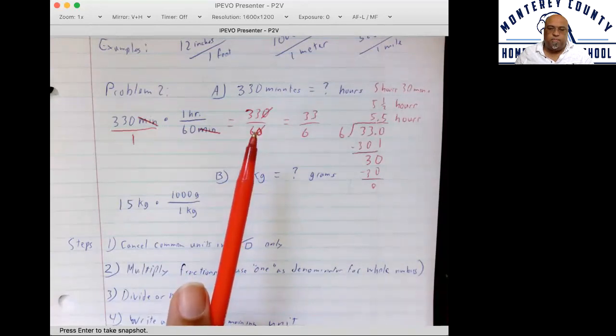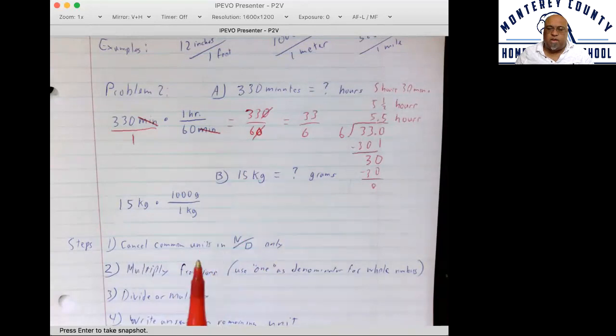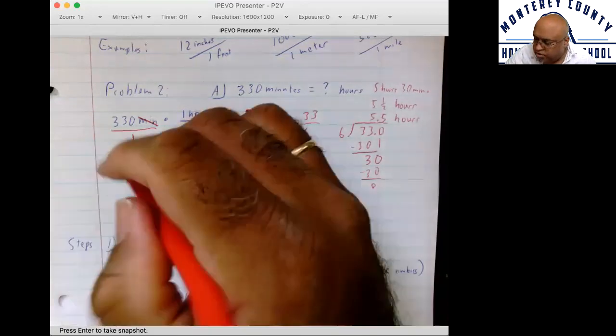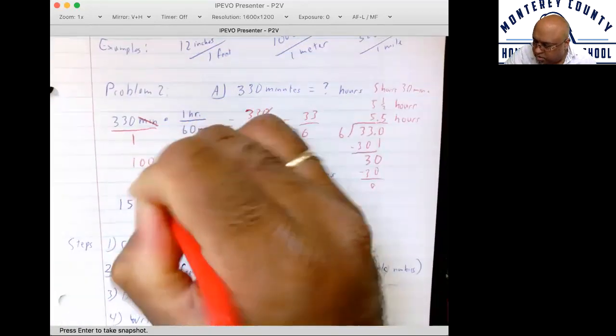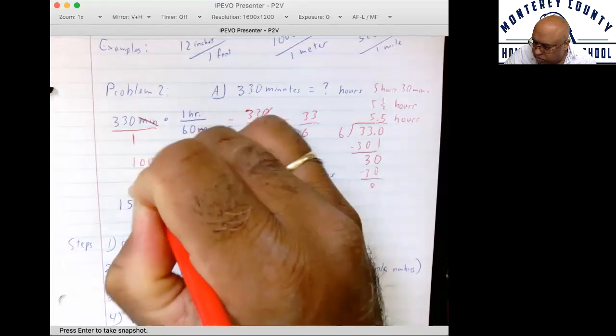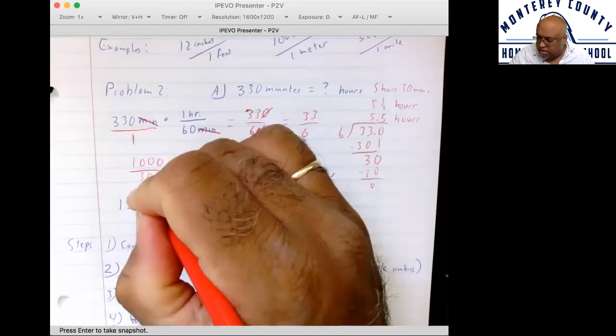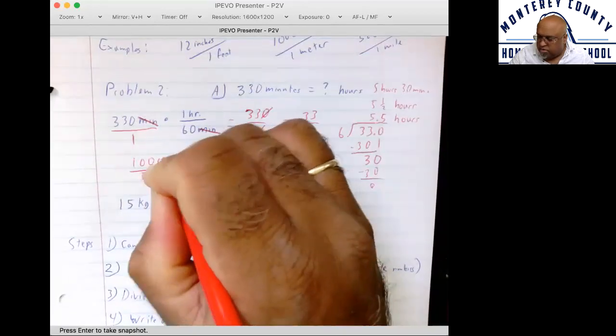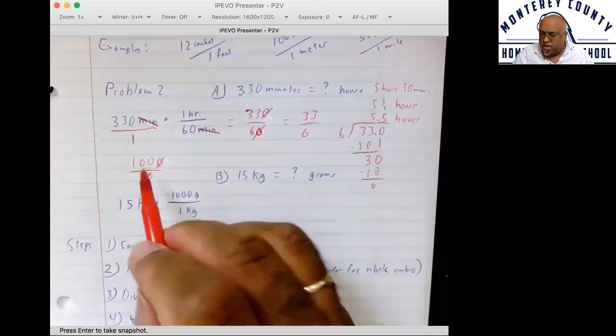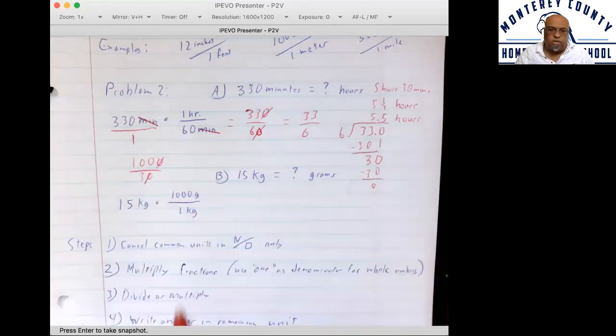Okay? So let me just show you, just to avoid common mistakes. If I have 1,000 divided by 30, I can only cancel 1 zero on top and 1 zero on bottom. I cannot cancel these other zeros here.